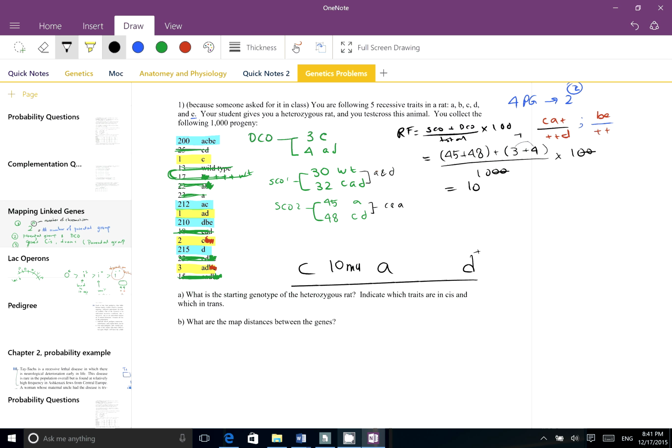MU, and then the second relative frequency will give me the distance between A and D. I'll use this one. So it's 30 plus 32 plus my double crossover, 3 plus 4, over 1,000 times 100. This goes with this. 7 and 30.